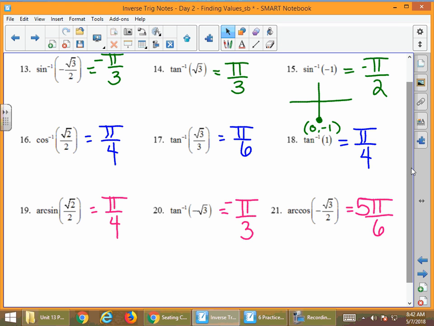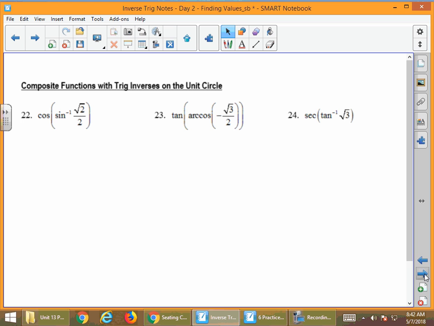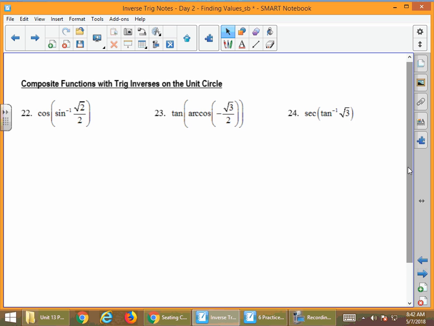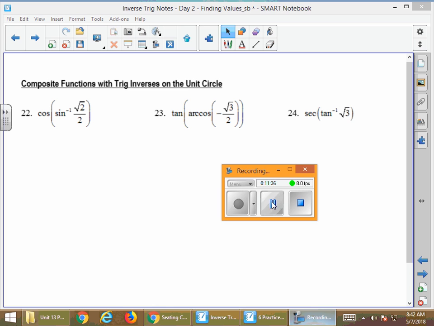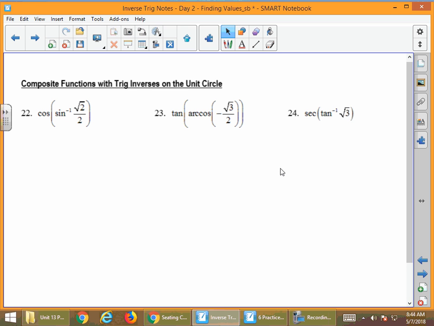So lastly here, it didn't look like that was too much of a challenge, thankfully. But we do need to make sure that we are familiar with our unit circle. So you may need to go back and look at your unit circle again. As we finish here, we're going to do some composite functions. Sorry, we got interrupted, but composite functions.